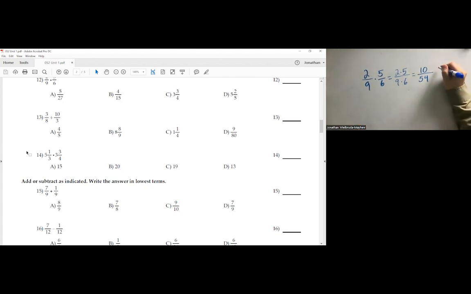Top and bottom can both be divided by 2. 10 is 2 times 5. 54 is 2 times 27. The 2s cancel. We get the 5/27. So you either have to cancel in the original problem or cancel at the end. Either way, you're going to get to 5/27.